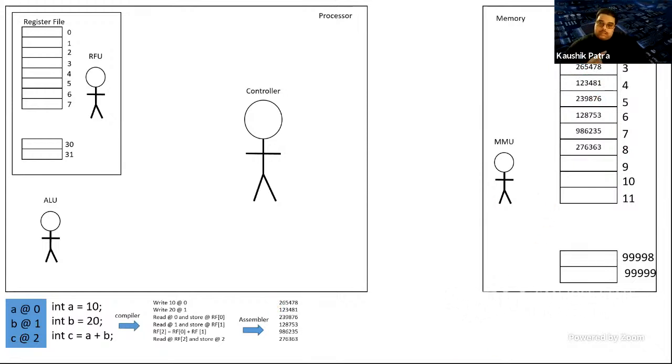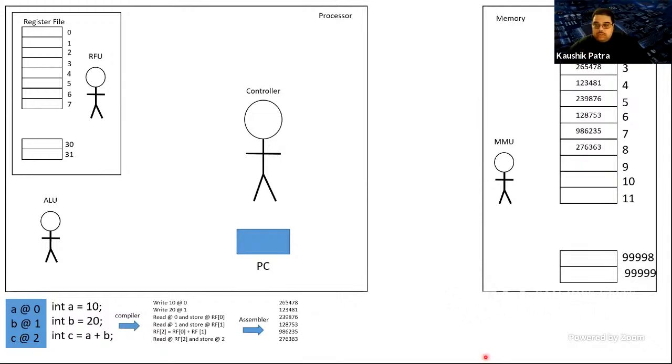Now, to understand how things work, I need to introduce you to one more small but important component, which is called the program counter, or PC. What it does is hold the address of the next instruction to be executed by the processor.